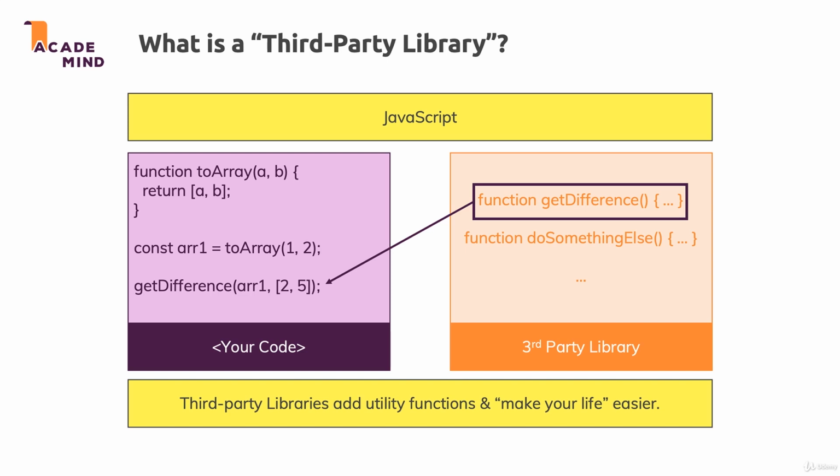Can be very simple, very trivial utility functions, or more complex functionalities which you want to add. That does not really matter. The idea is that third-party libraries can help you have an easier life as a developer, because they take away some of the complexity which is not directly related to your core project, to your core business logic, which you still might need. So let's have a look at some examples.